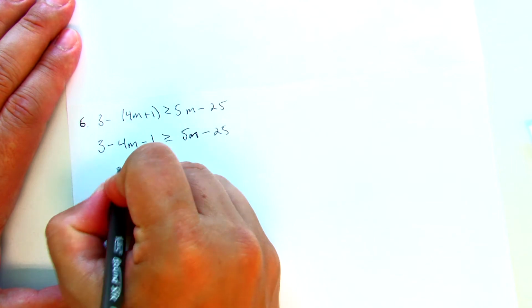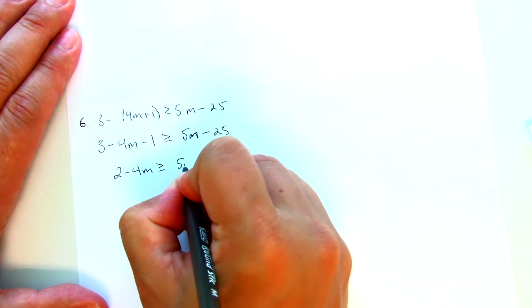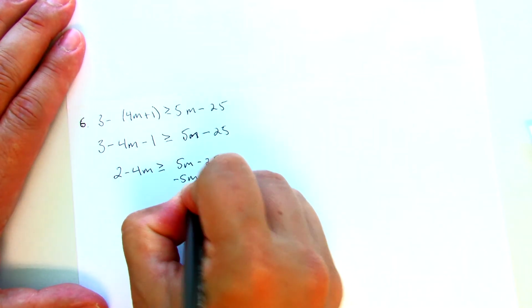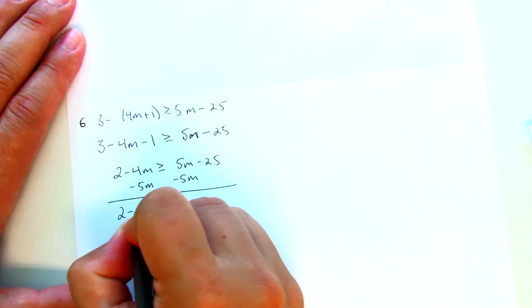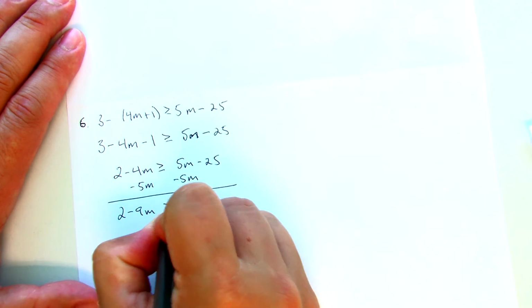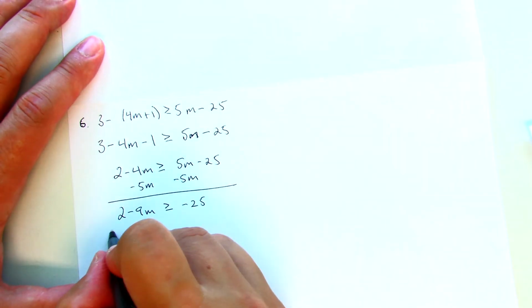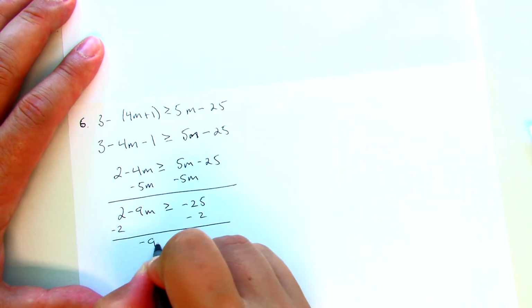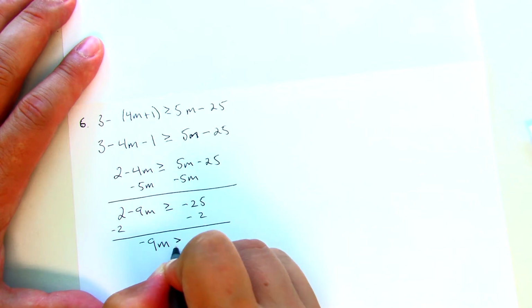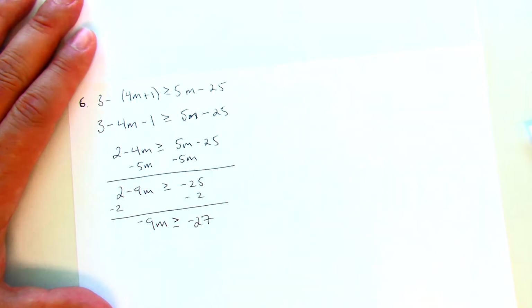So 3 minus 1 is 2, minus 4m greater than or equal to 5m minus 25. Okay, now we'll move all of our variables onto one side, so we end up with 2 minus 9m greater than or equal to negative 25, and then we will subtract 2 from both sides to get all of our constants on the right, and we end up with negative 27.